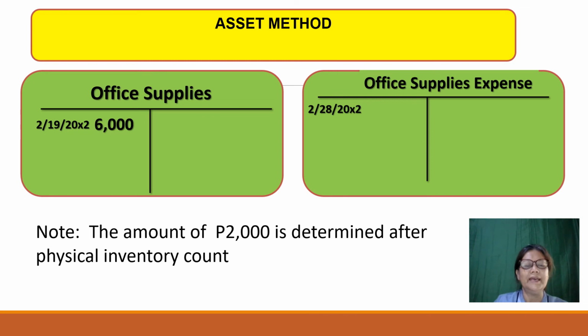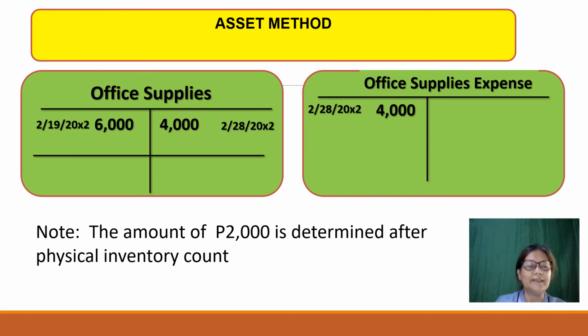And it says that the amount of 2,000 is determined to be unused after the physical inventory count. So we have to adjust it. On February 28, 2002, we have to prepare the adjusting entries as debit for office supplies expense 4,000 and credit office supplies 4,000.